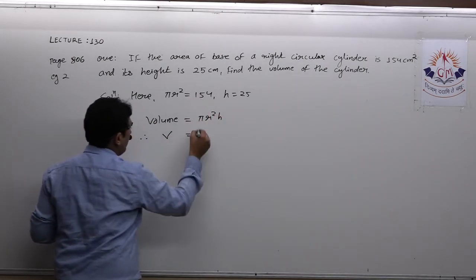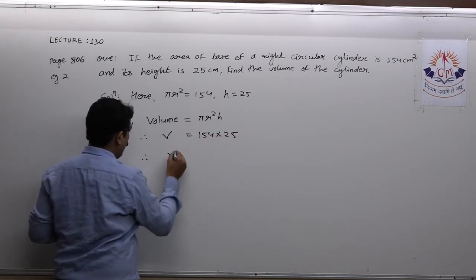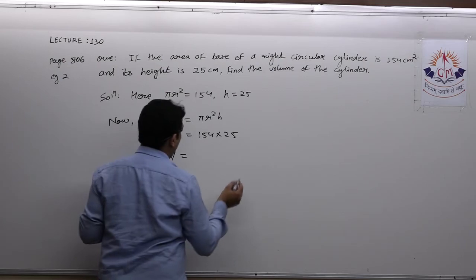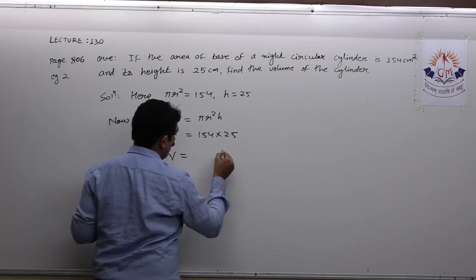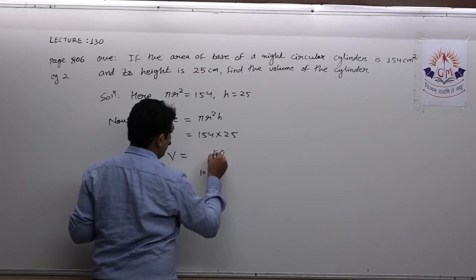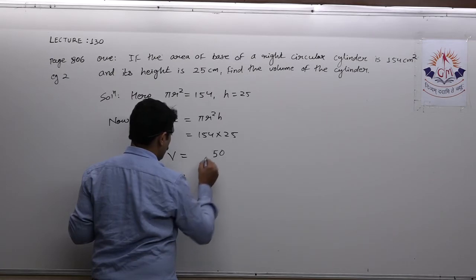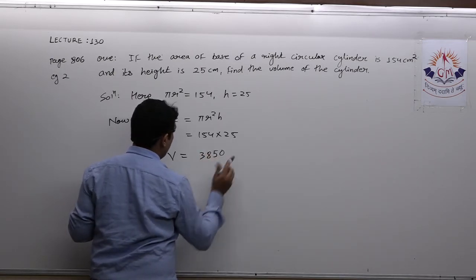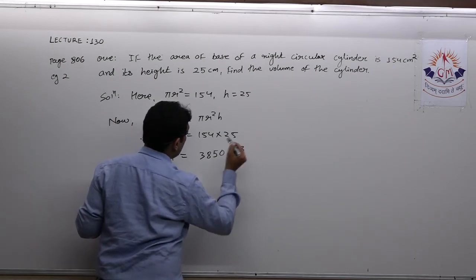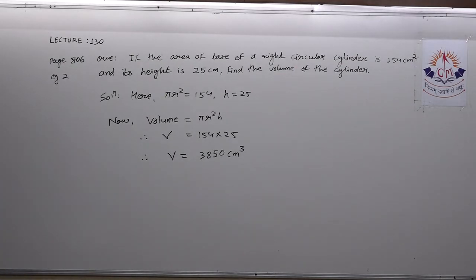So pi r square is directly given, 154, h is 25, just their multiplication gives you the final answer, 3850 centimeter cube. Volume we always write in centimeter cube. So please note it down. Then we'll see the next question.